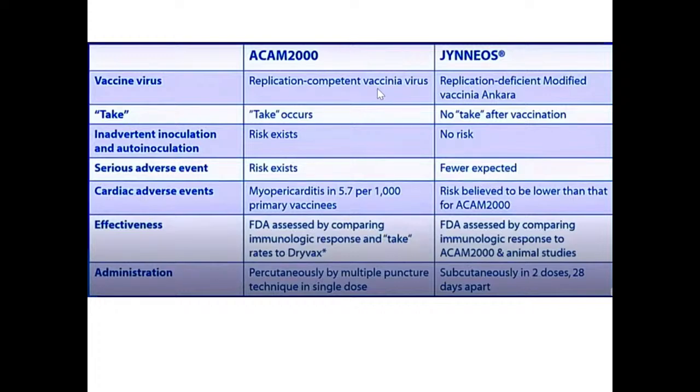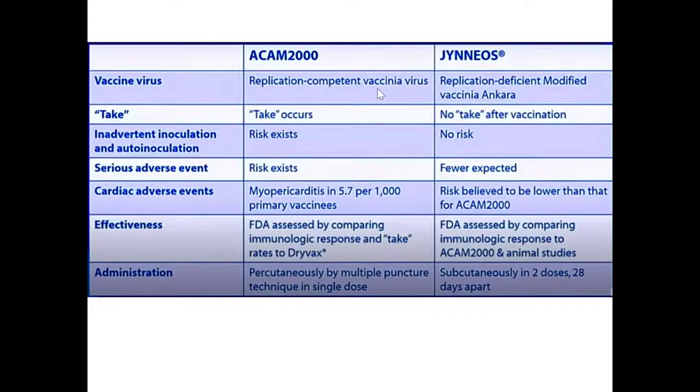It's a live virus, not attenuated, and cannot be given to immunosuppressed, cannot be given to pregnant ladies, and it can lead to systemic infections and some complications. So ACAM 2000 is this kind of vaccine, and risk exists of serious adverse events. It is administered as a single dose, yeah?